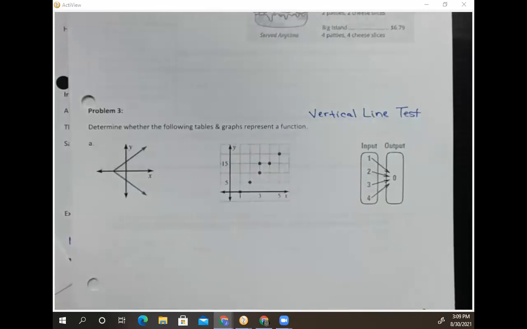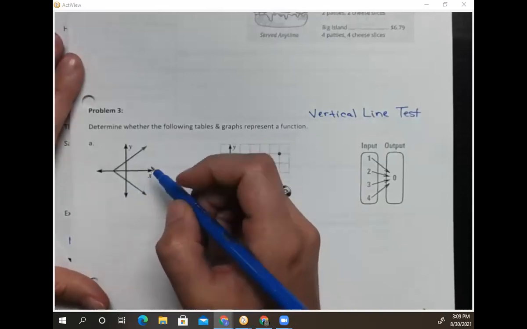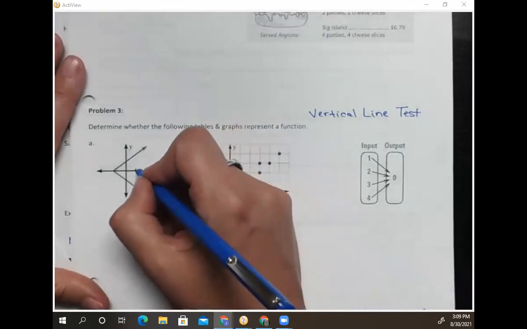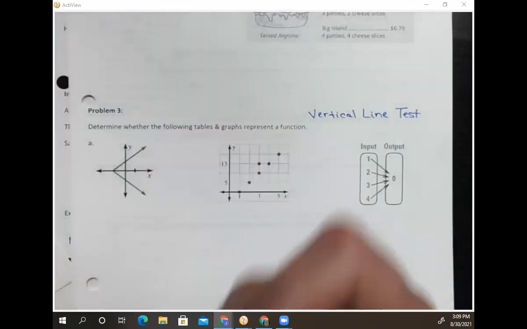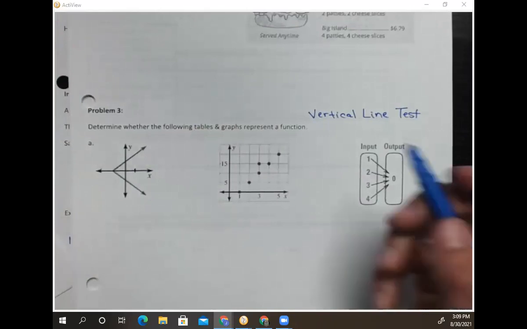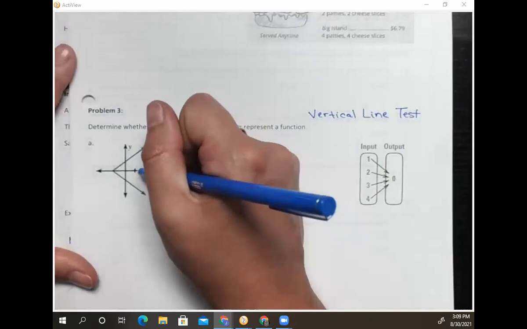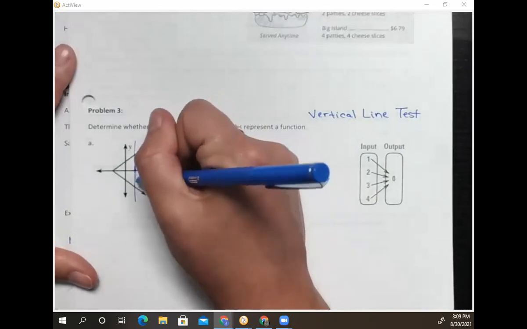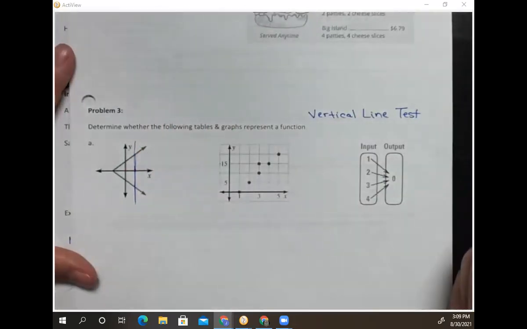So what I'm looking at with a graph is for one number that I pick for my independent variable, for one X value, I should only get one Y value, okay? So anywhere that I put a vertical line on my graph, I should only ever hit that graph in one place. If there is any spot on the graph where I can draw a vertical line and touch the graph more than one time, it is not a function.